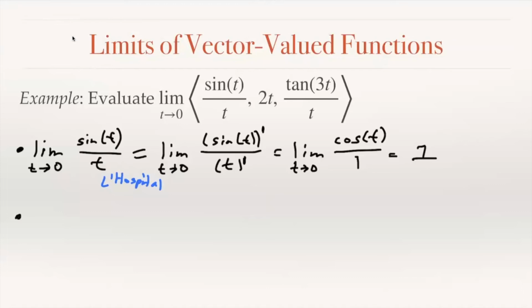And similarly, well, not similarly, the limit as t approaches 0 of 2t, there we can just directly plug in. That's 0, 2 times 0.